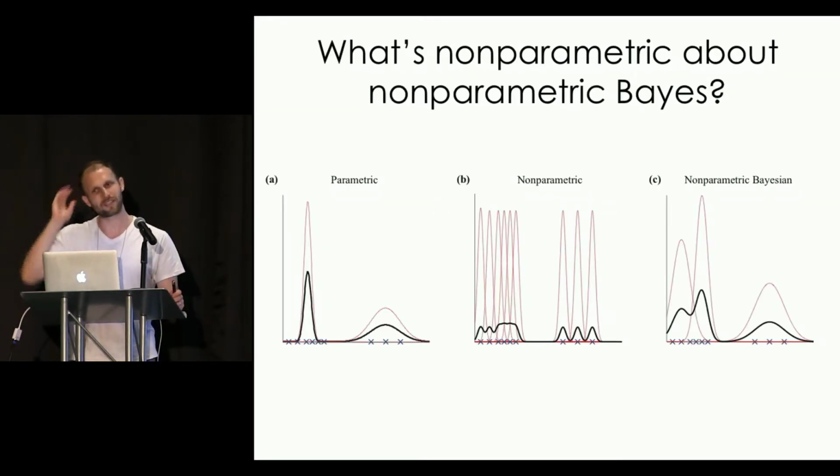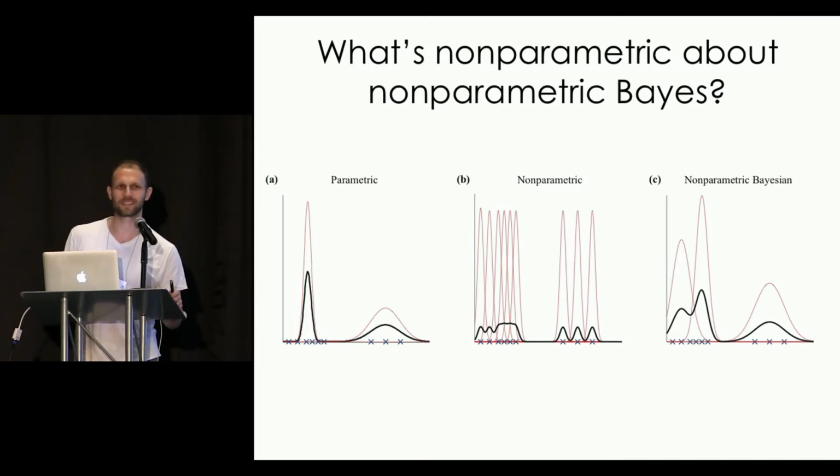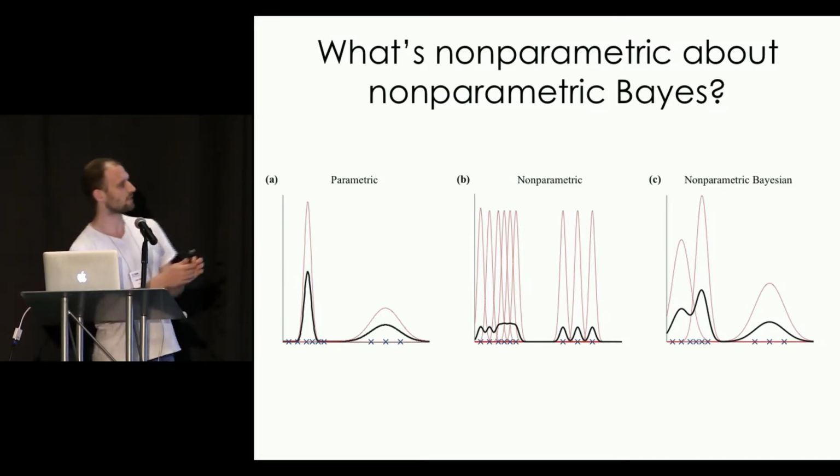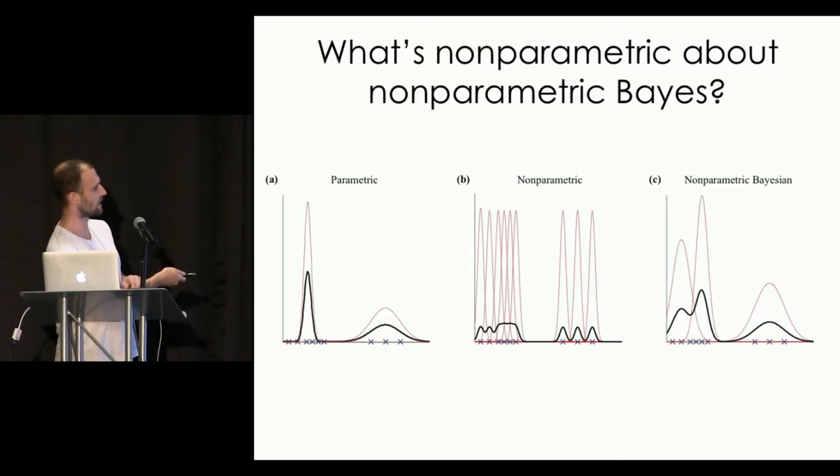So why do we call it non-parametric Bayes? It's actually kind of confusing terminology because in some sense it does have parameters. But what makes it non-parametric is that the number of parameters grows with the data. And we can put this into context by comparing it to classical non-parametric models and also parametric models. So just to illustrate, let's imagine that we have some data here, one-dimensional data, so the x's represent the data points.